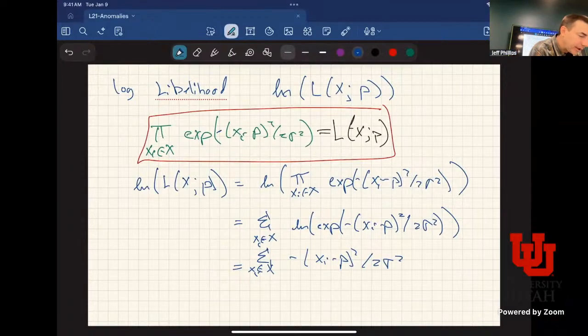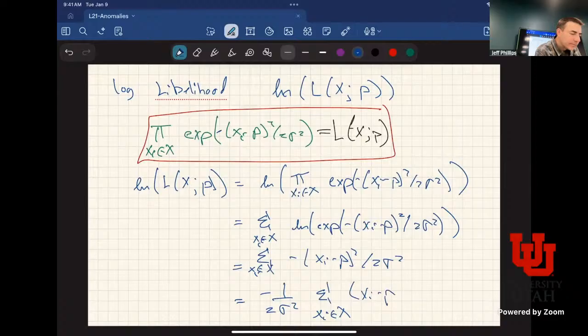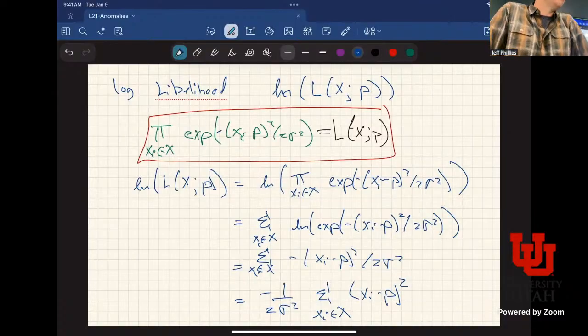So this will equal negative 1 over 2 sigma squared times... okay. So the log likelihood of this model is going to get out 1 over 2 sigma squared times the sum of the squared distances from P.